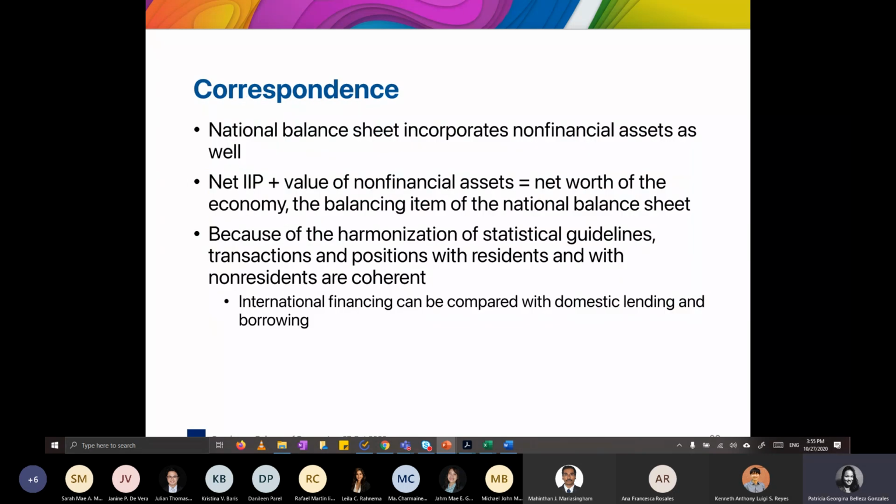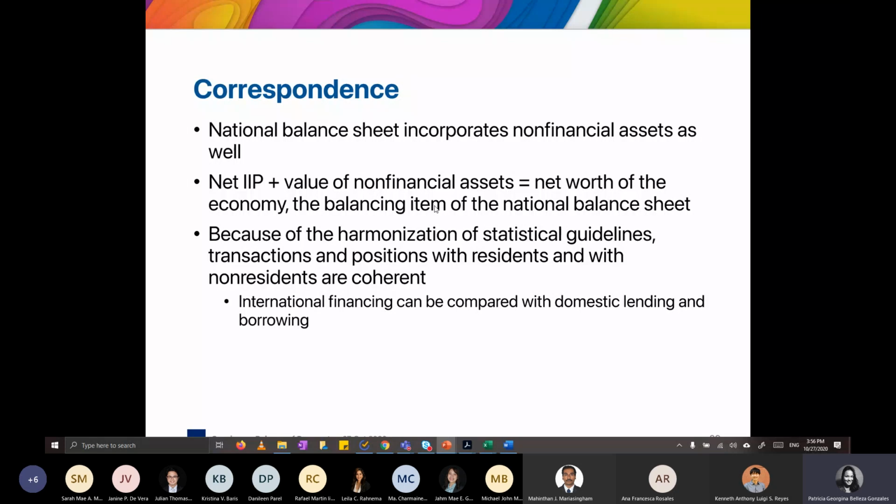So the correspondence with the national balance sheet is that the national balance sheet incorporates non-financial assets as well, but this is a subset which only includes financial assets and positions between residents and non-residents.